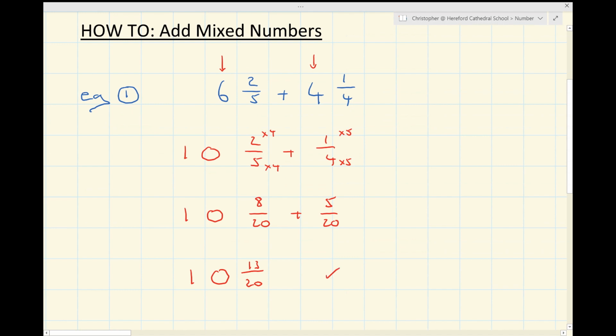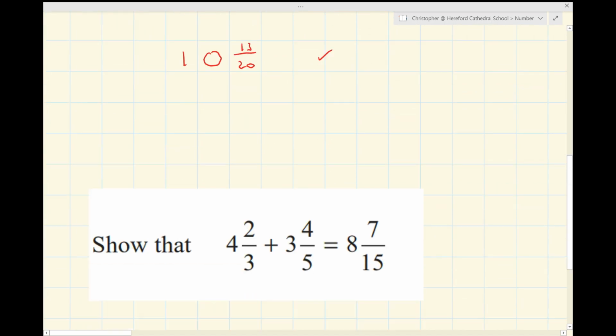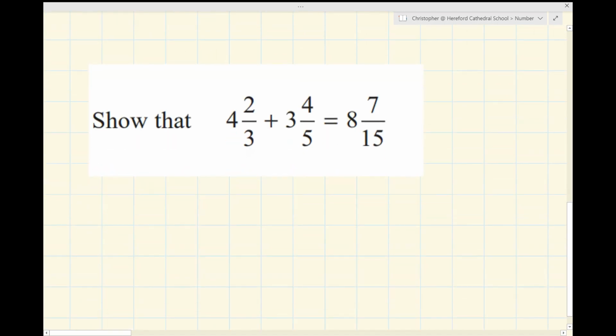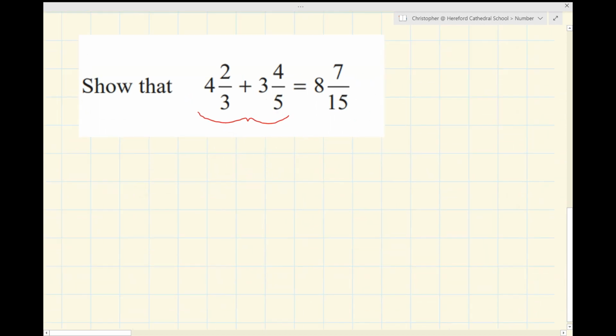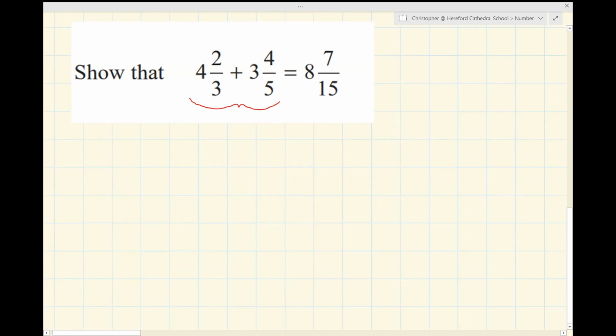Let's have a look at one more example, and this one is a past exam question, and here it is. The question reads, show that 4 2/3 plus 3 4/5 equals 8 7/15. Now, the best thing to do here is to take the left-hand side, work it out, and hope that we get 8 7/15 as our answer. And then we will have shown that the left-hand side equals the right-hand side.